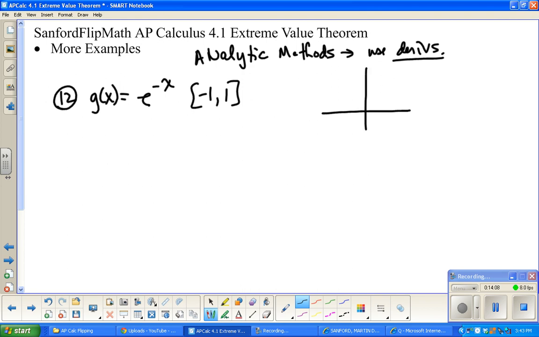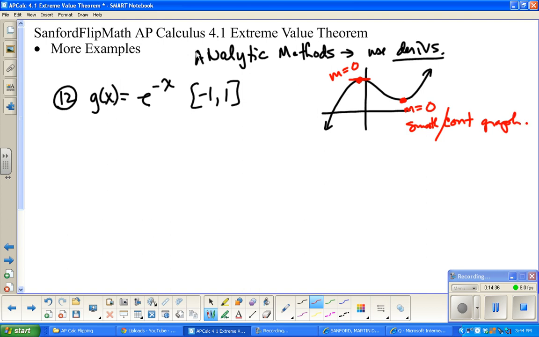If we think about the shape of things, and I know I just keep going back to this cubic graph, sorry. Think about the slopes. Where I have a maximum point, the slope is going to be 0. Where I have a minimum point, the slope is going to be 0, assuming that we have a smooth, continuous graph. In other words, it's differentiable everywhere, like polynomials are.